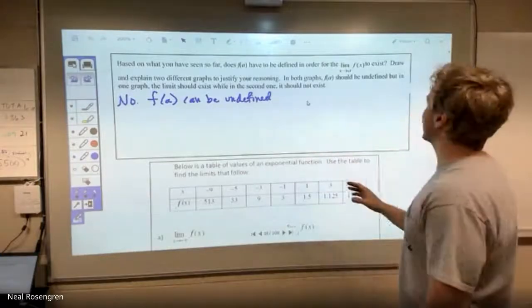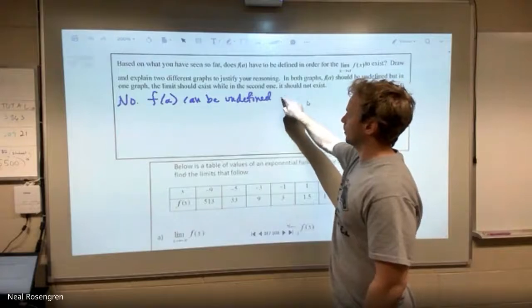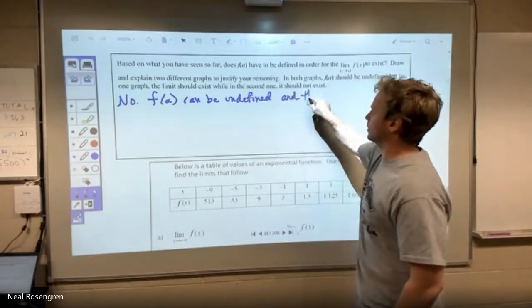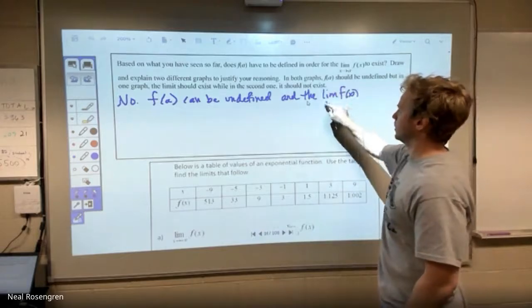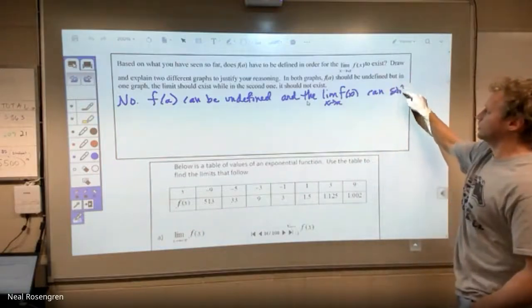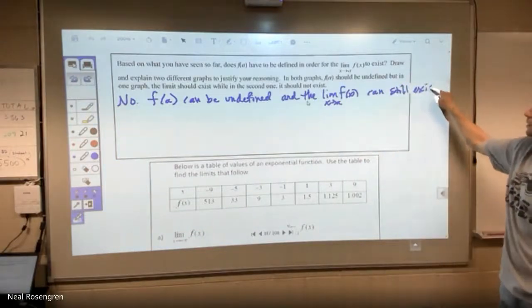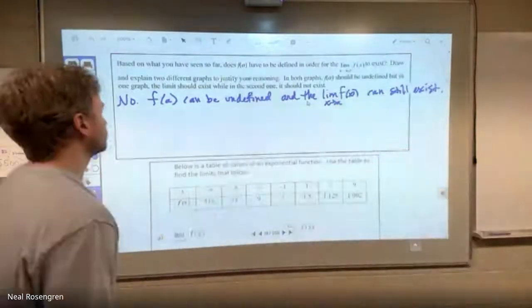So f of a can be undefined, and the limit can still exist. So the limit of f of x as x approaches a can still exist. Okay, and that example 2 right there is a perfect way to look at it.